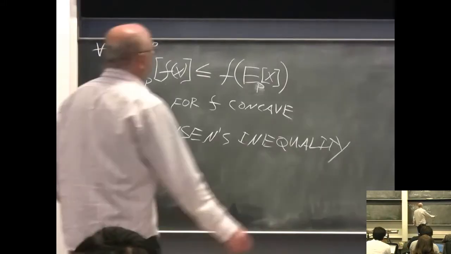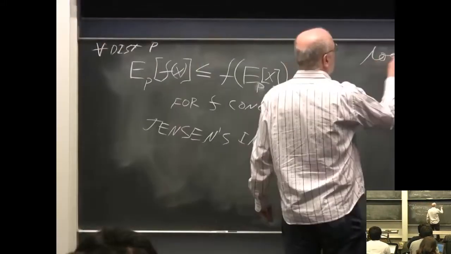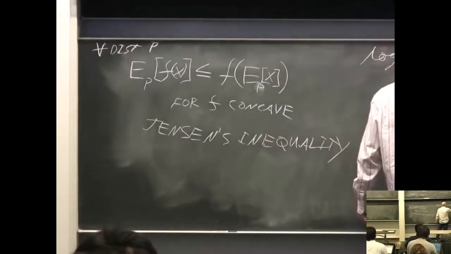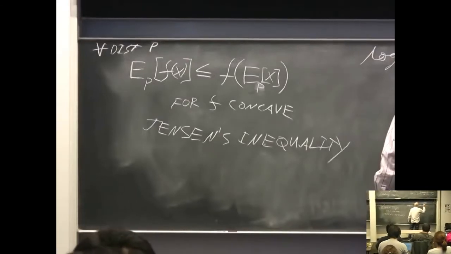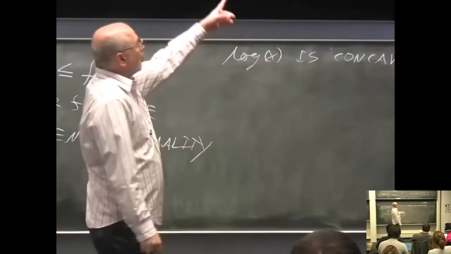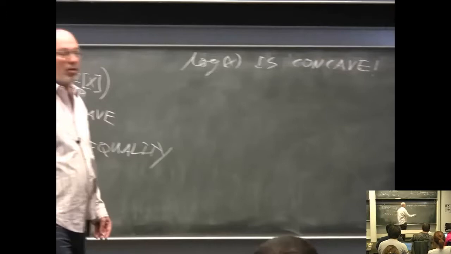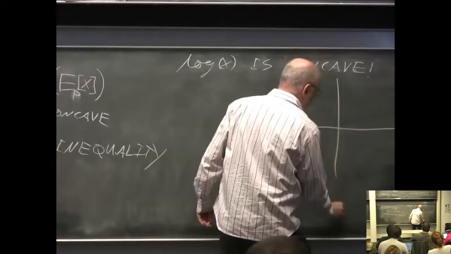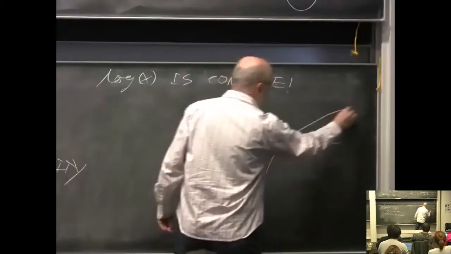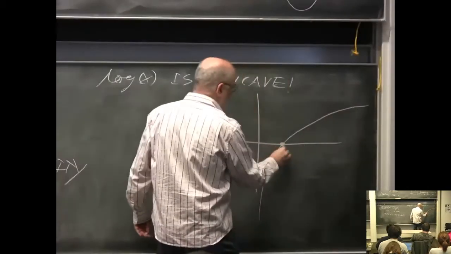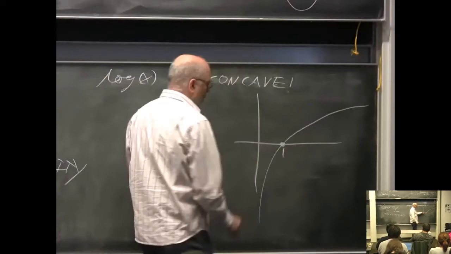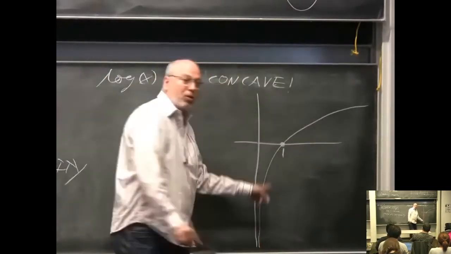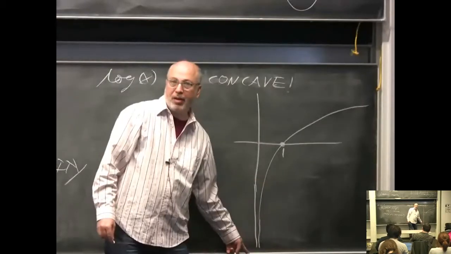Log of x is concave. Log of x looks like this. Not exactly. It looks like this. Right? It hits here at 1. Log of 1 is 0. Log of values between 0 and 1 go quickly to -infinity.